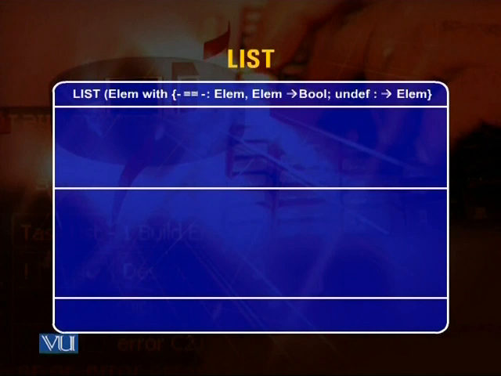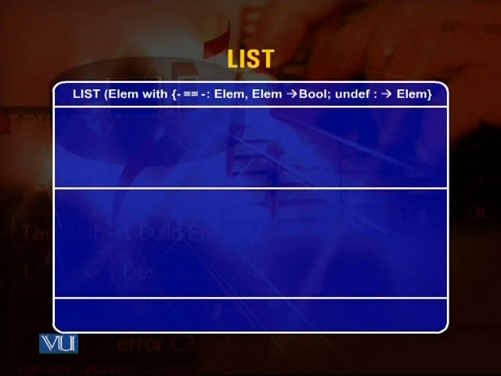So this first hyphen is the first parameter, the second hyphen stands for the second parameter. So we say that, for the element that we are using inside this list, this operation has to be defined. Since we are using this sort element, which is supposed to be defined earlier on, this sort ought to have this equality defined in it, which takes two elements as its parameters and returns a boolean.